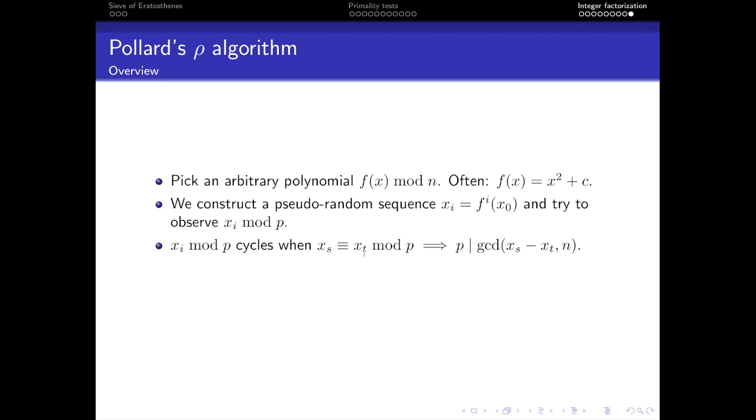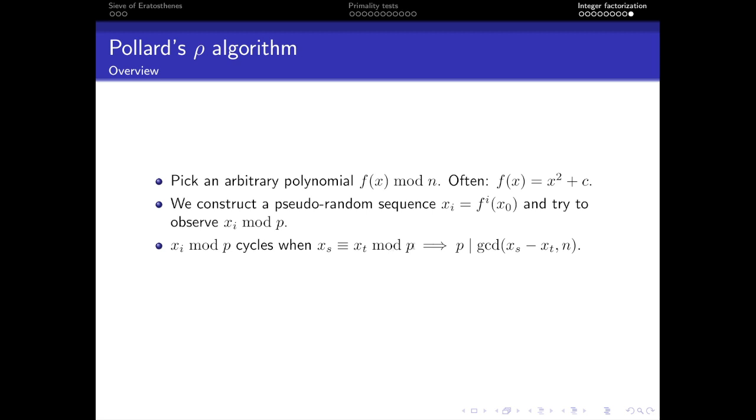So when they're in the same position, even though they are different indices. Then by rearranging this equation, subtracting x sub t from both sides, we know that x sub s minus x sub t is a multiple of p. That again means that p divides the greatest common divisor of x sub s minus x sub t and n.